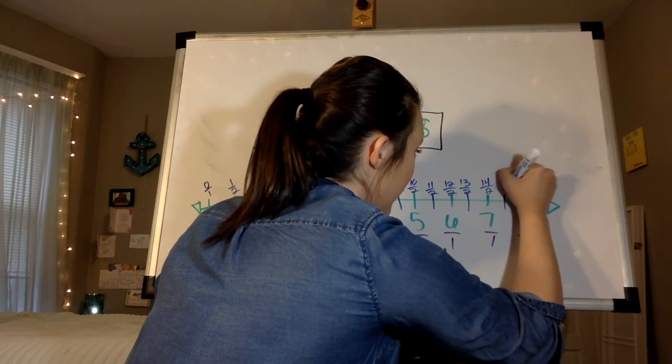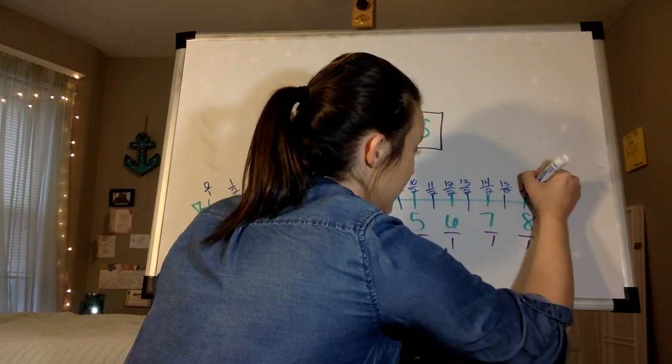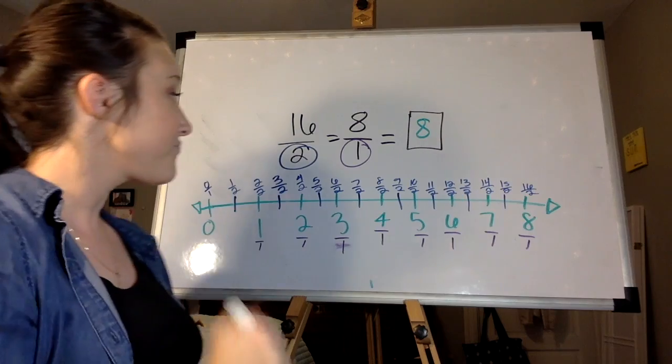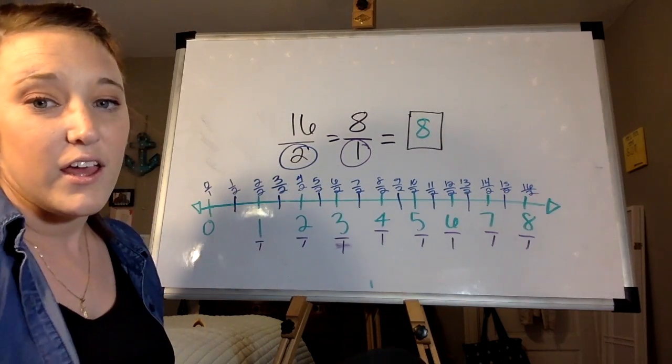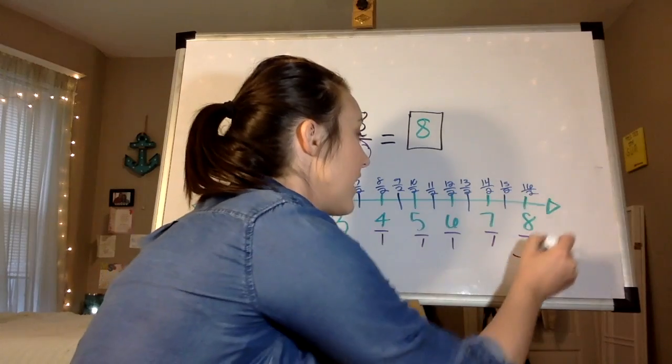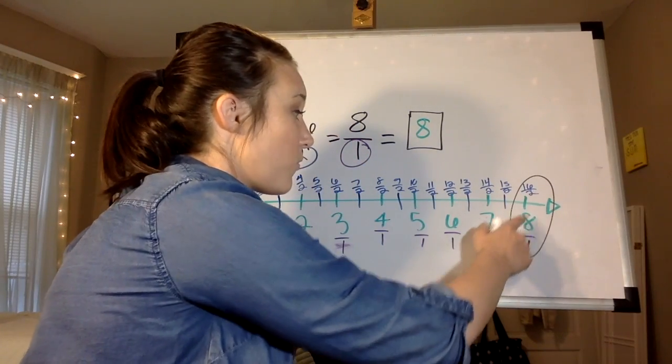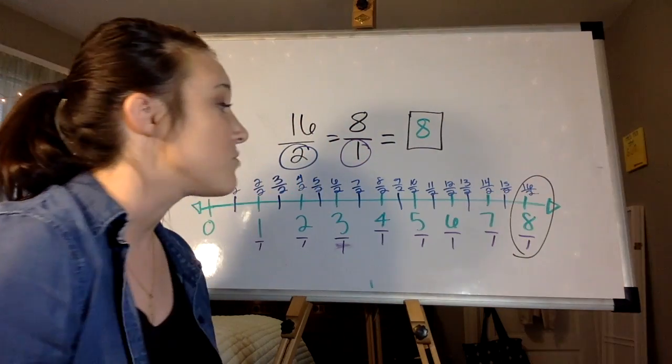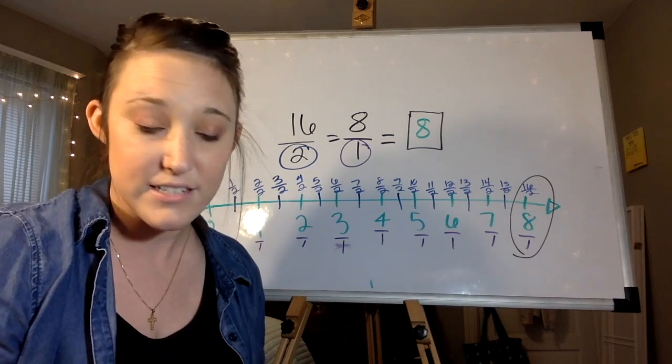So we're going to keep going, 15 halves and 16 halves, okay? So that's another way to plot it. Both of my fractions that I'm looking at are right here, my 8 over 1 and my 16 over 2, so my whole number is 8, all right?